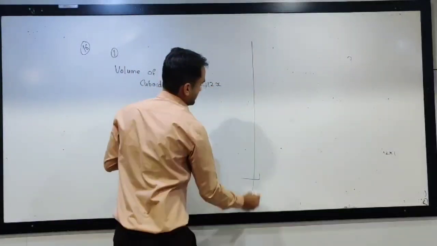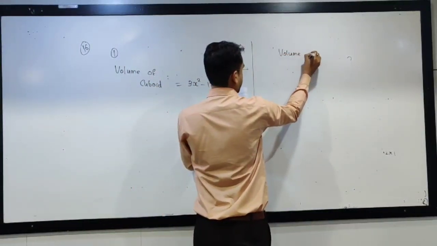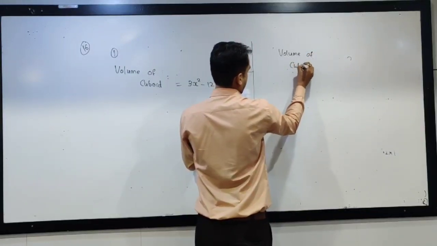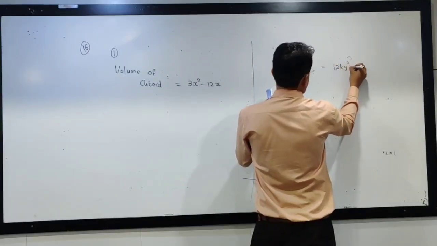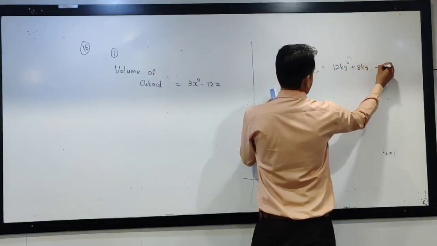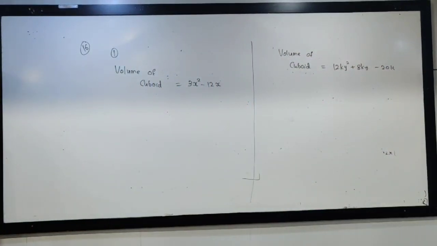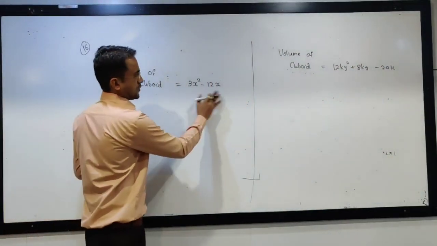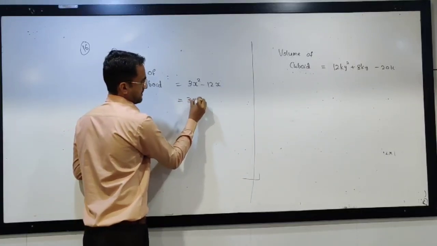And the second one: y square 8ky 20k. So what to do? First of all, see here two terms have something common. I can take 3x common.